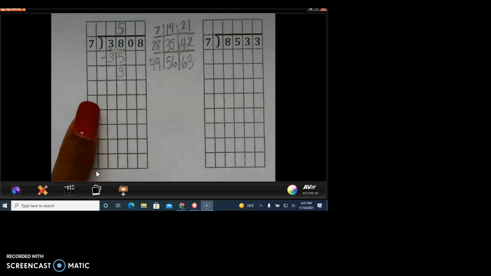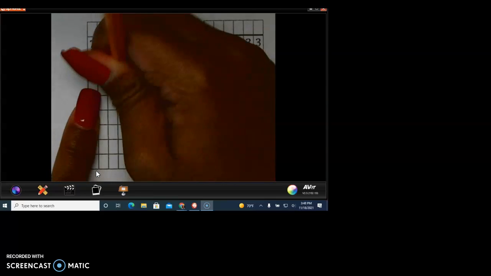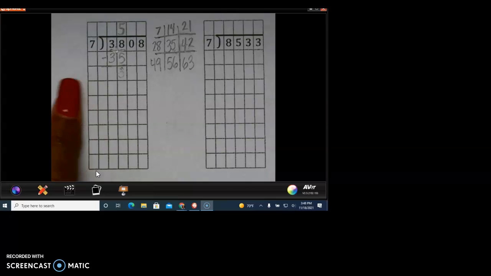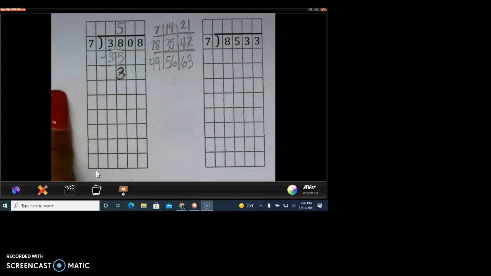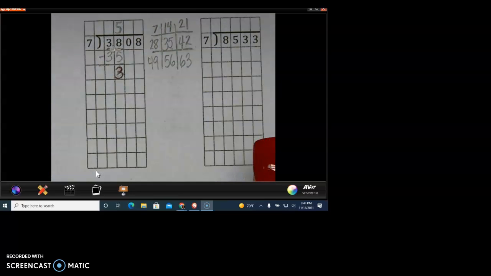Let me try a pen to make that a little easier for you all to read. I'll write in pen. However, you know that you write in pencil. That way, if you make a mistake, you can go back and fix it. Okay, I think that may look a little better for on-screen purposes.